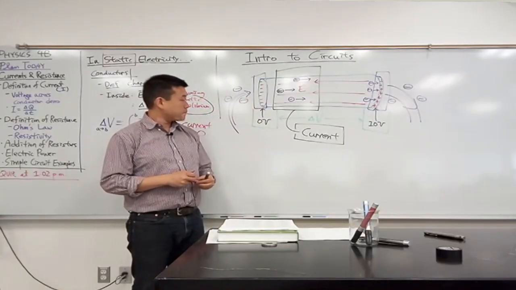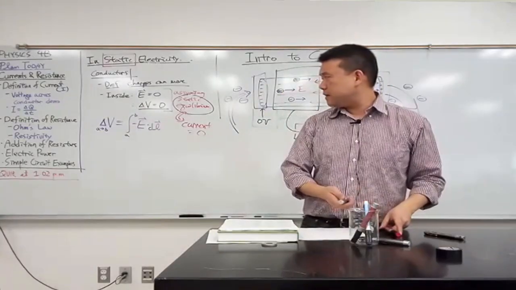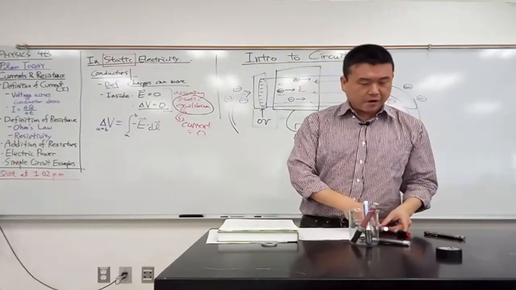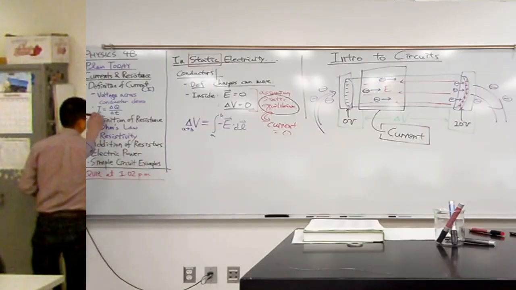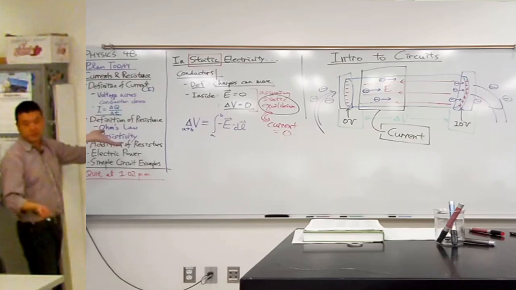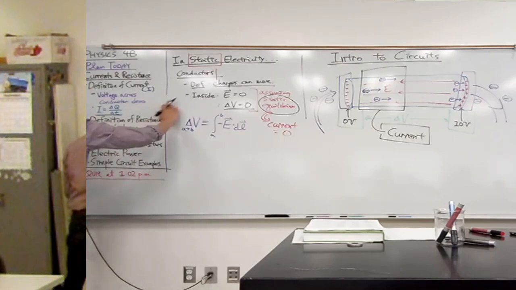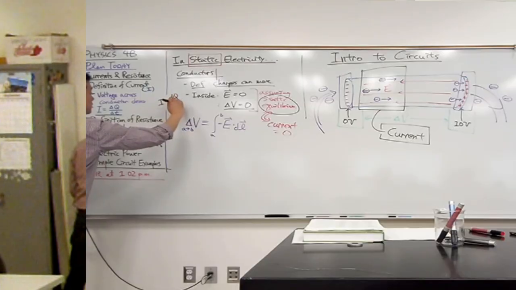So I probably should define current. And I want to define current in a careful way, because this is something that you will see a lot. And depending on what reference material you're looking at, you might even see something like this: I is equal to dq dt.